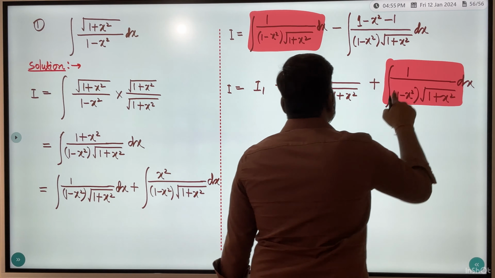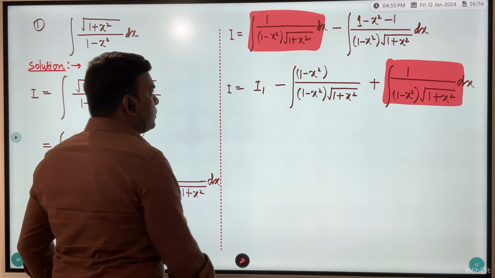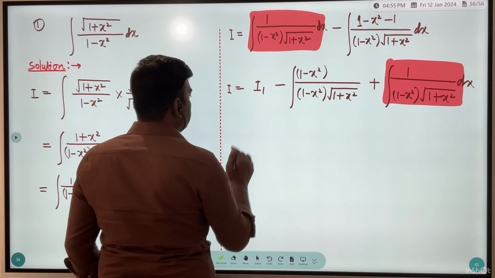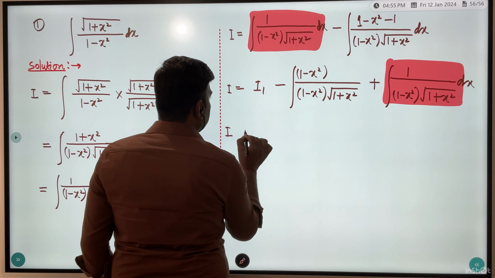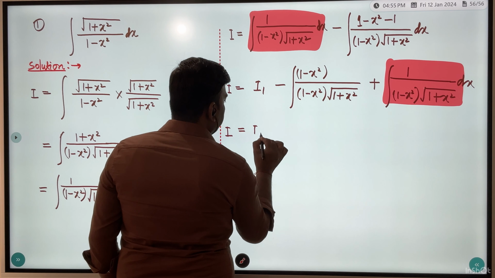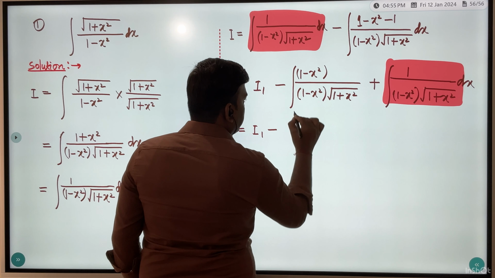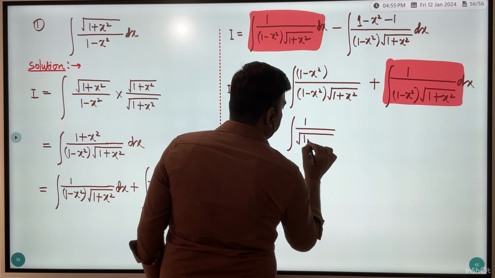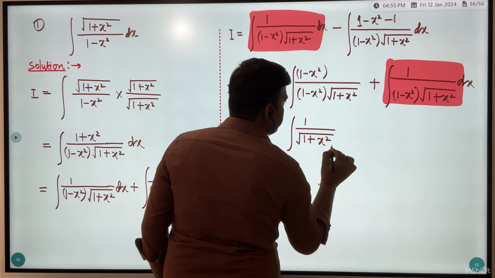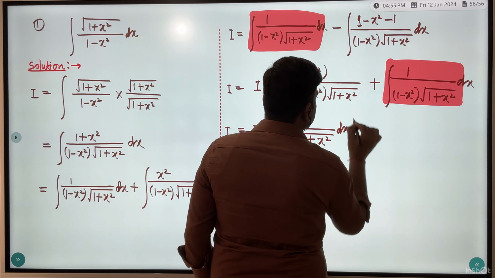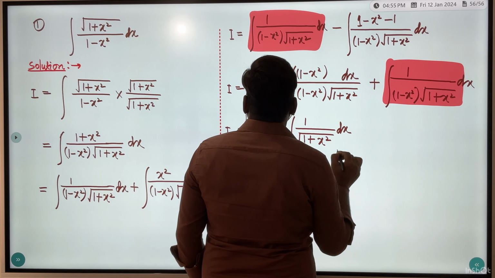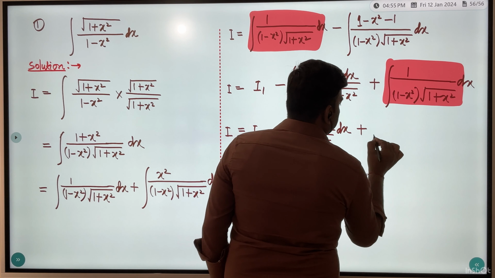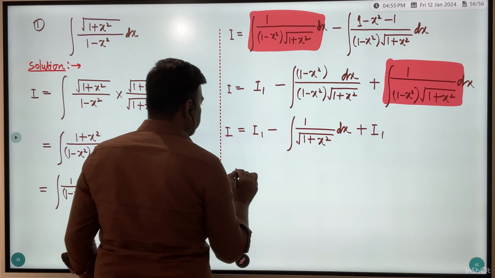Okay, so this integral has been written like I equals I1 minus integral of 1 minus x square upon 1 minus x square root under 1 plus x square, plus integral 1 upon 1 minus x square root under 1 plus x square. Now 1 minus x square is getting cancelled out from the second integral term, and for the third integral we can write I1.